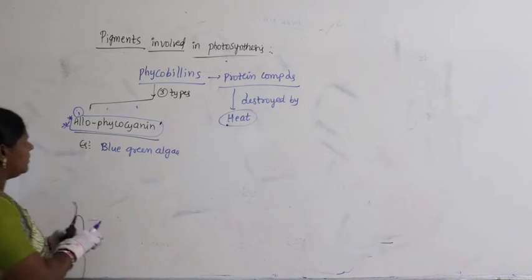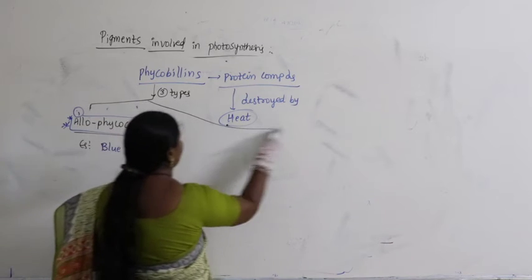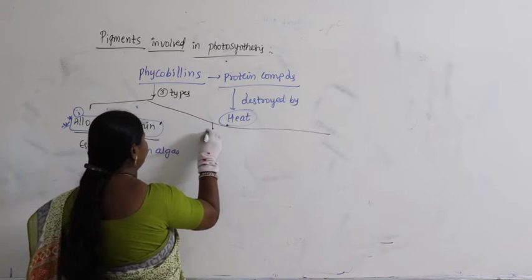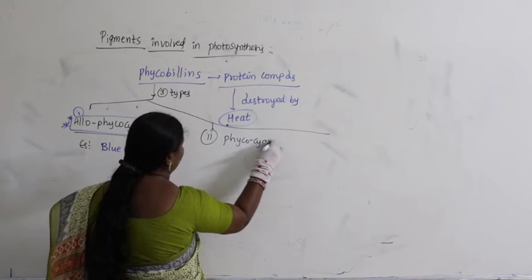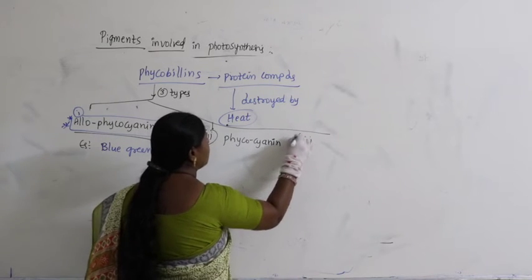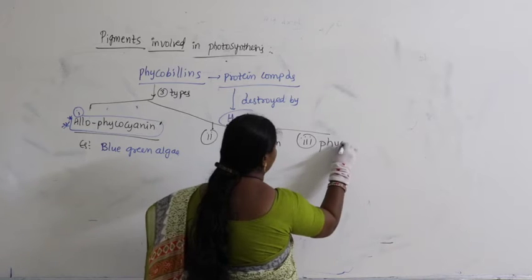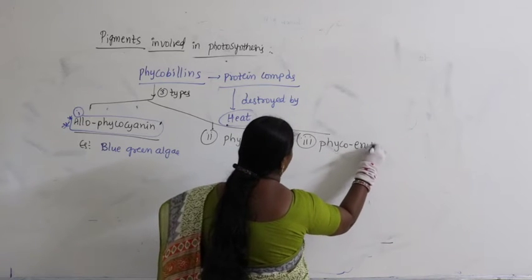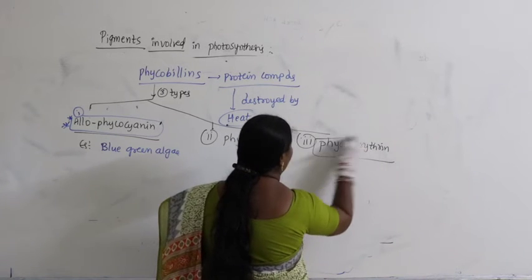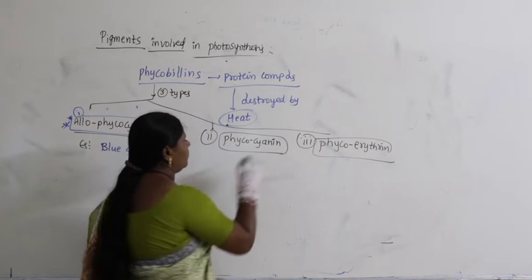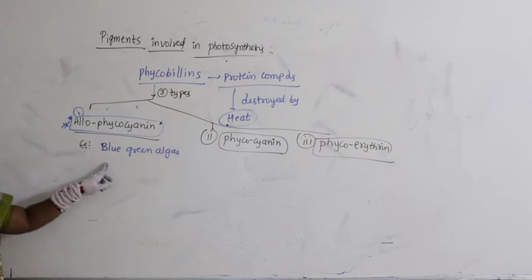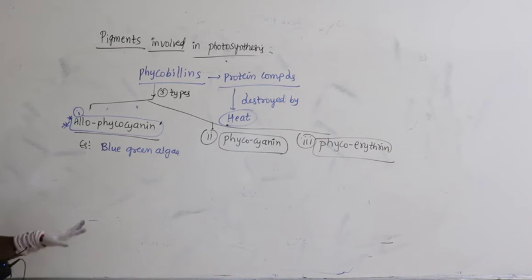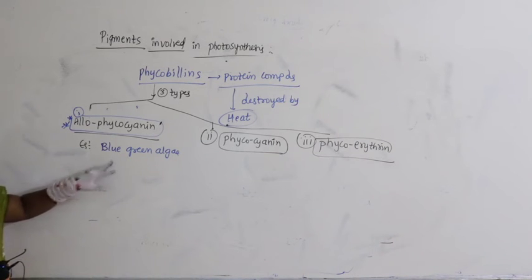The second one is phycocyanin and the third one is phycoerythrin. Allophycocyanin is a pigment present in blue-green algae and some members of bacteria and some algae.